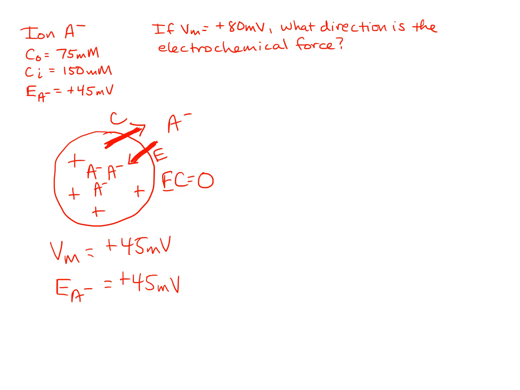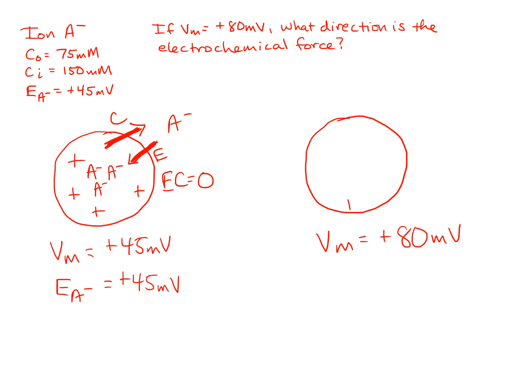Okay, so now we can finally answer the question up here. So we want to know the direction of the electrochemical force when the membrane potential is at plus 80 millivolts. So we're not at equilibrium.